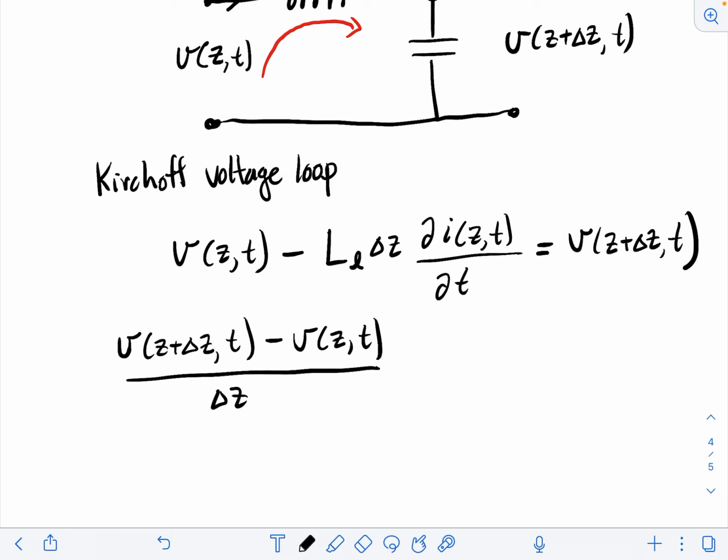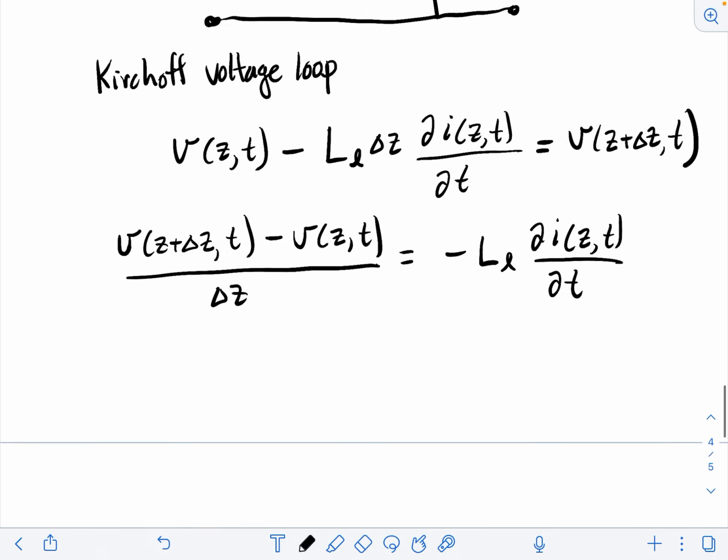And what's left over is minus the inductance per unit length dI by dt. But of course, in the limit that the length of each one of our little branches is short, in the limit that delta z goes to 0, this left-hand side is by definition the position derivative of the voltage.